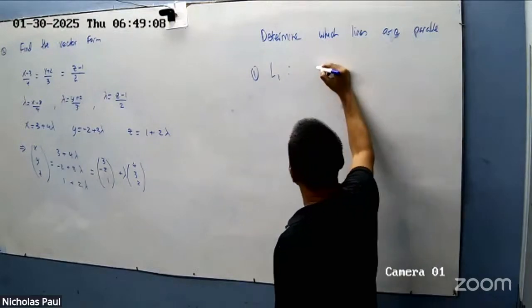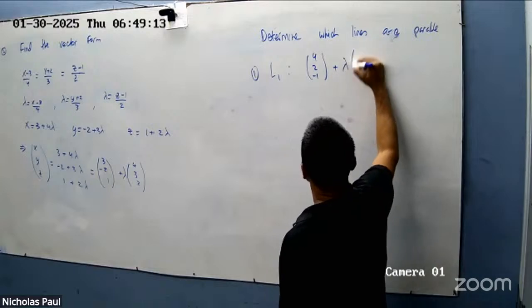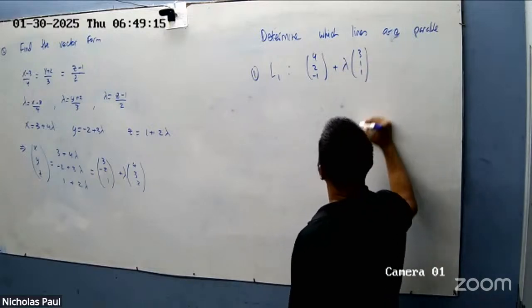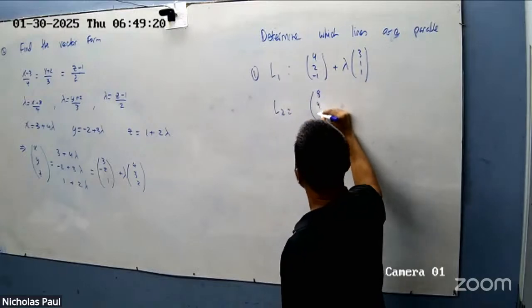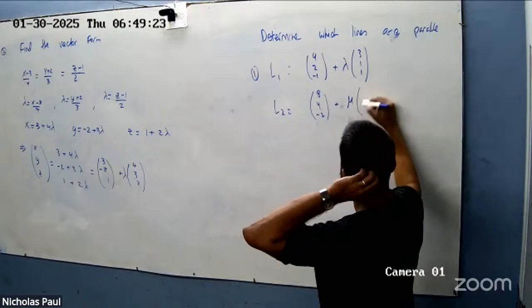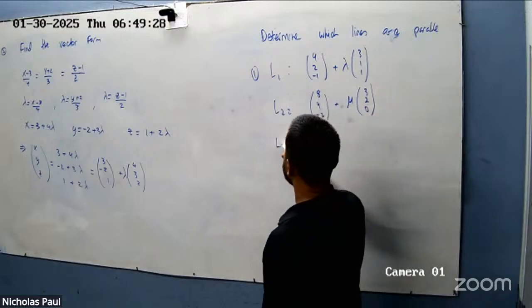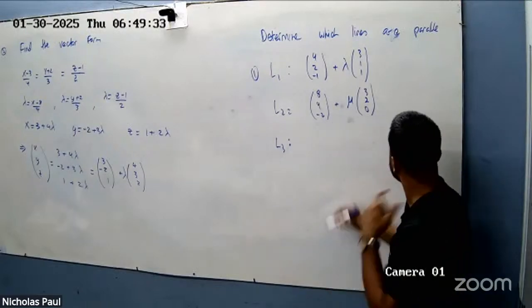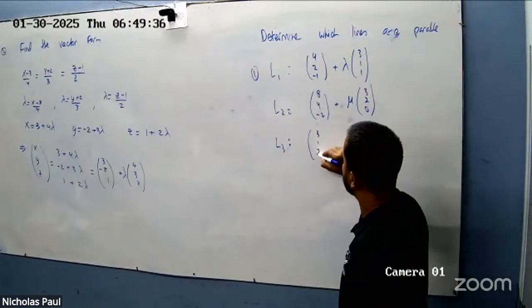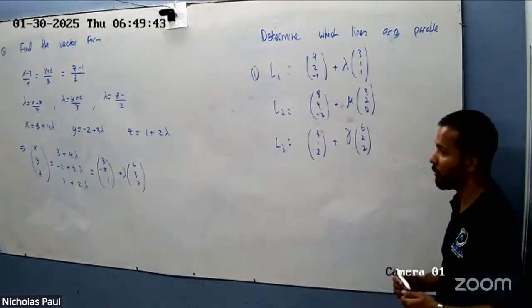I gave you line one. Let's say line one is (4, 2, -1) plus lambda times (3, 1, 1). And I gave you a line two. Line two is (8, 4, -2) plus mu times (3, 1, 0). And I gave you a line three, with gamma.